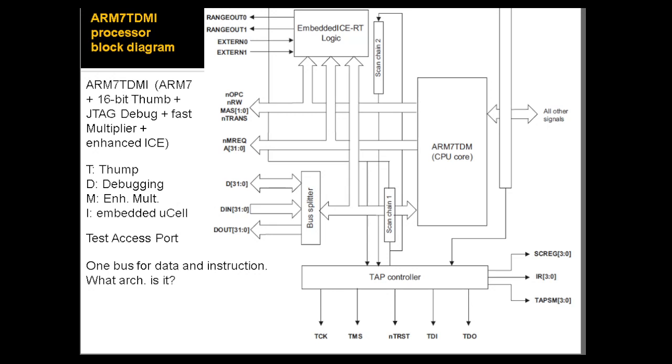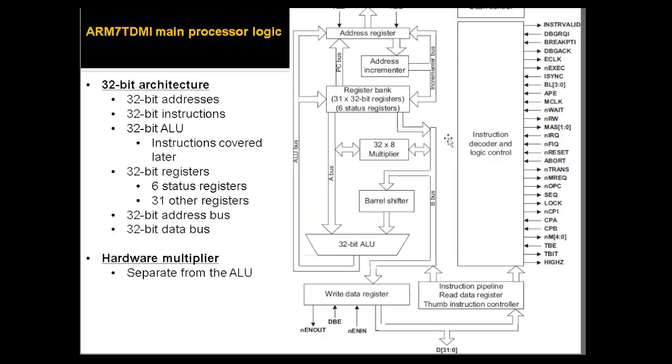If we open up this ARM7TDMI, what do we have? You'll see here that you have your register bank, which is the registers that we just went over, 31 registers, including those special registers that are available in different modes and so forth.